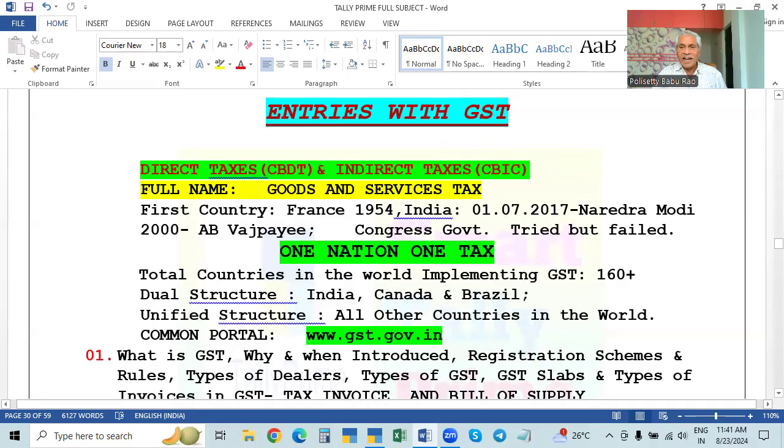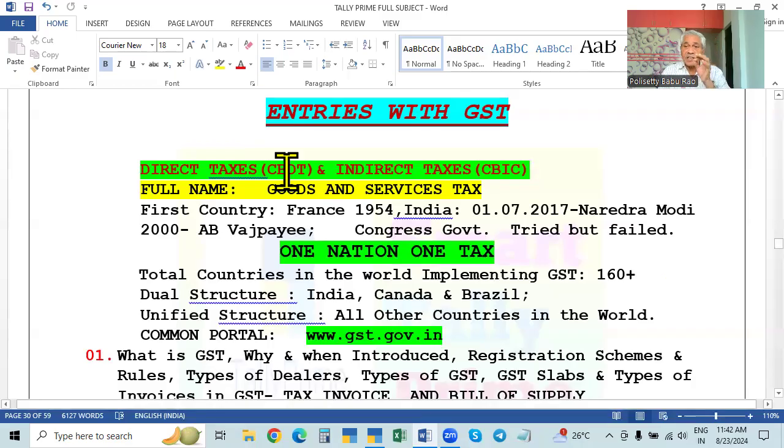And then later, instead of all these taxes, what the government did is, all the direct taxes were merged into one. Only one tax is implemented now. In the direct taxes, it is called income tax. So in India at present, direct tax is income tax.